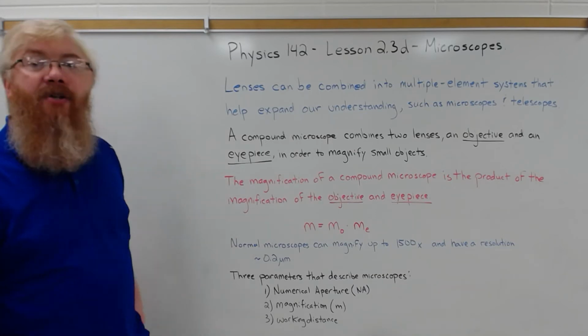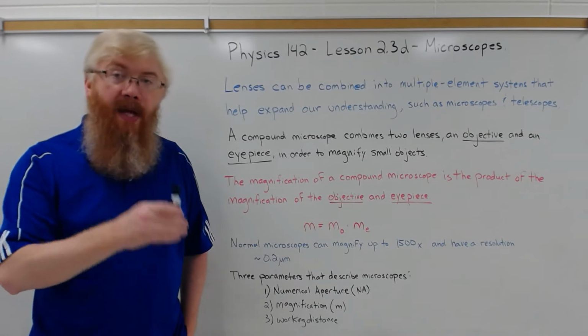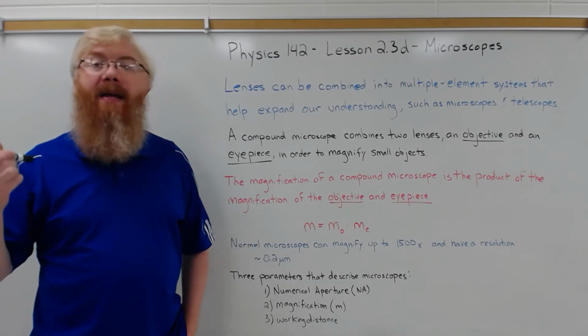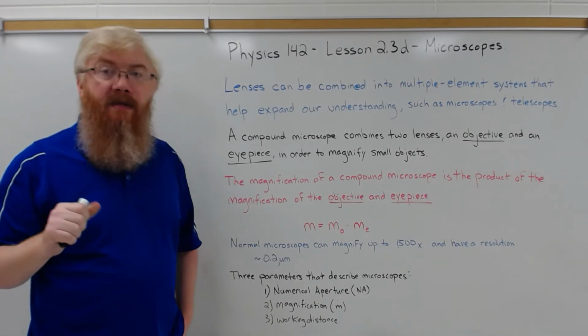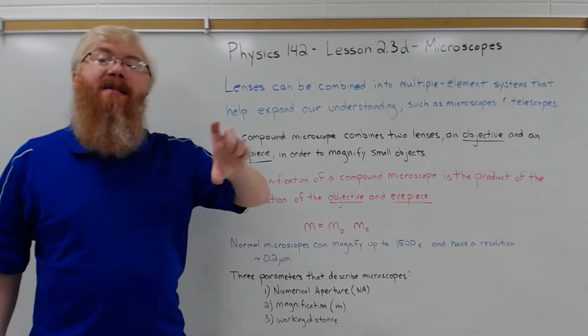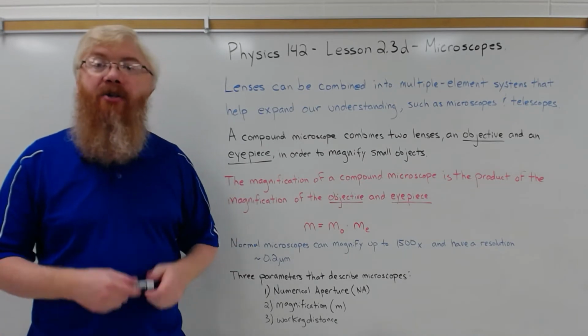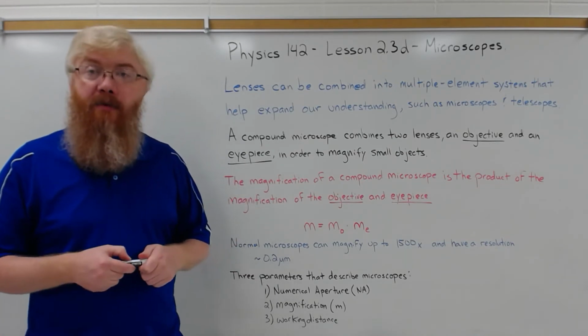So the magnification for a compound microscope depends on the magnification of the individual lenses. So you would have to go through and calculate for the objective lens: How far away is the object? What's the focal length of the objective lens? What is the image distance formed by that lens? And then calculate the magnification for lens number one, the objective.